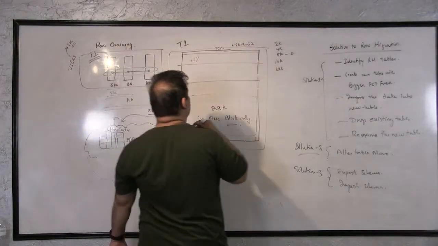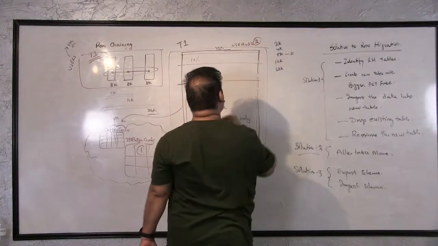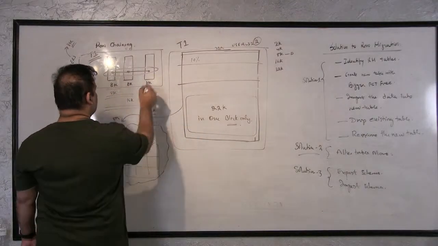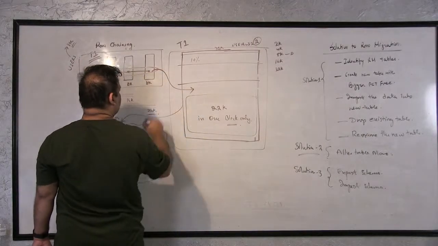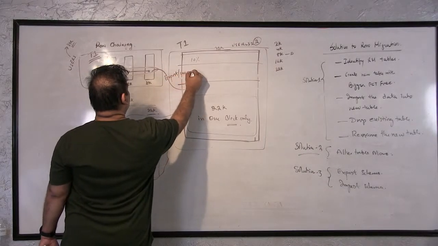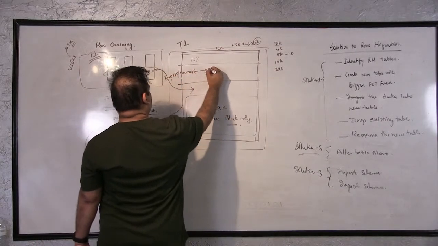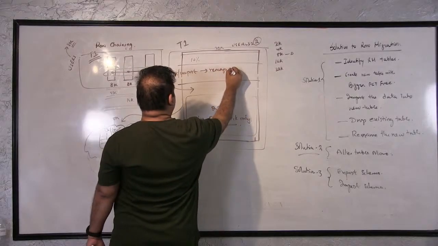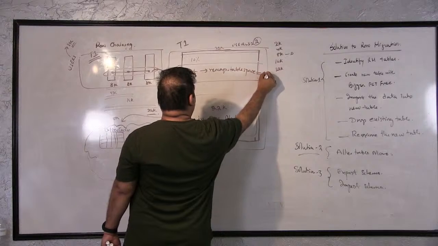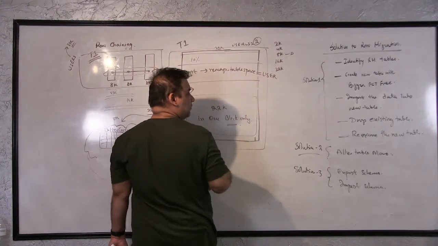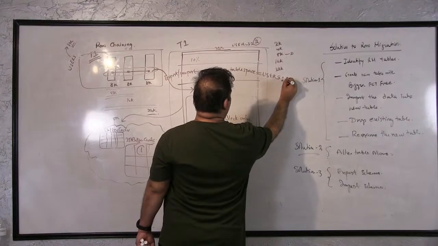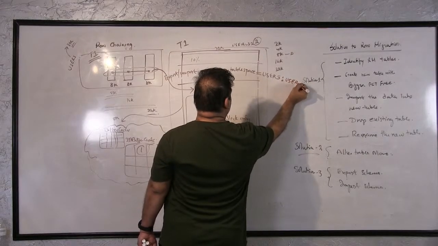Then the second thing is to create the new tablespace with 32K block size. And then the third step is to migrate this here, and this can be done by export import with the remap_tablespace. Remap_tablespace equals, initially it was coming from the users tablespace, now map it to the users32 tablespace.